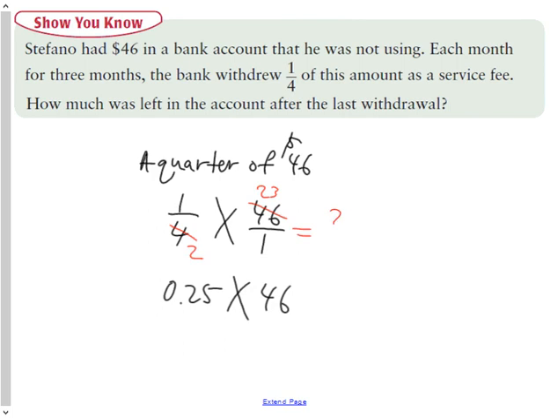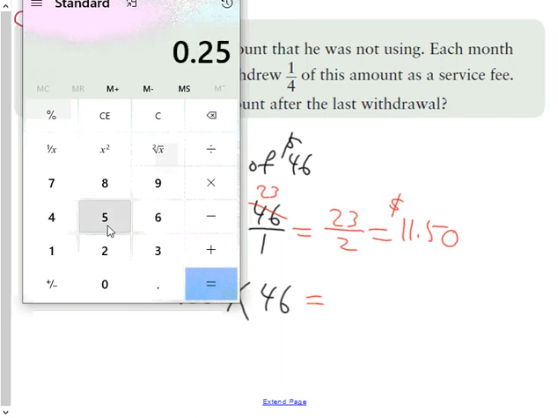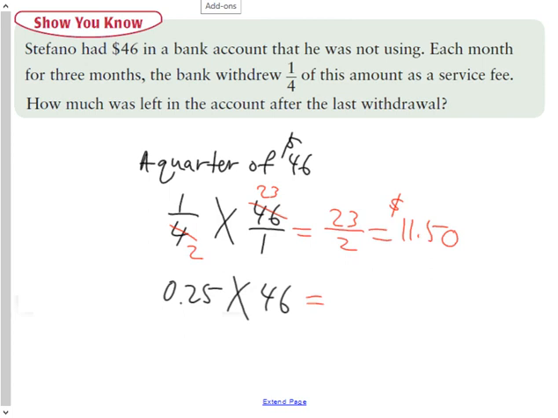I'm going to end up getting 23/2, which is going to be 11.5, or $11.50 was taken out of his bank in week 1. If I use the quarter of 46 using decimal form, and grab my calculator, a quarter of $46 is still $11.50. So if we think about week 1, we'll just put week 1, and I'll erase all this stuff here.